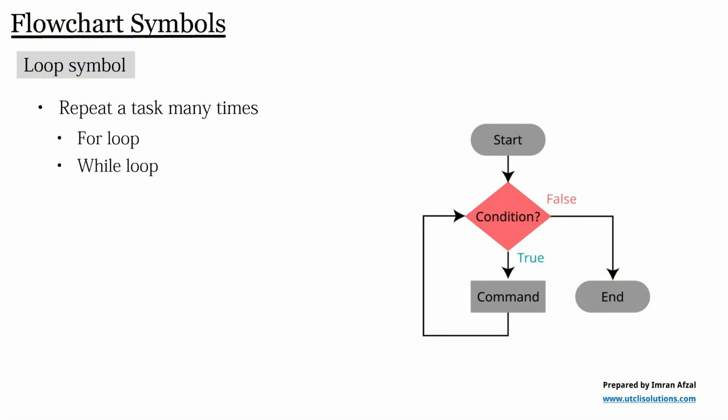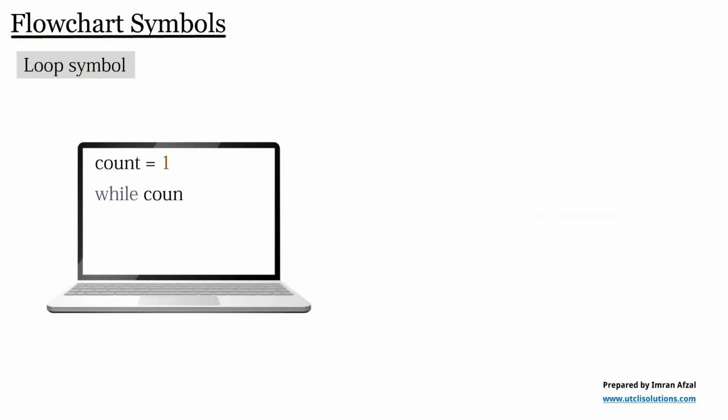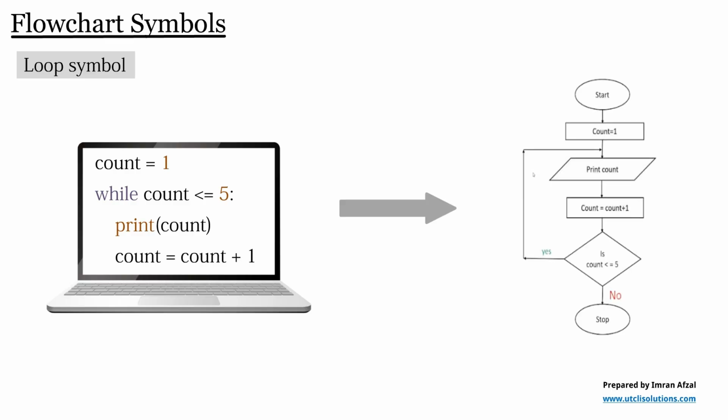For example, if your Python program prints numbers from 1 to 5, the flowchart uses a decision symbol to check whether the loop should continue. If the answer is yes, the arrow goes back to the process of printing the next number. If the answer is no, the arrow moves forward to end the loop. So loops in flowcharts always involve going back to an earlier step.